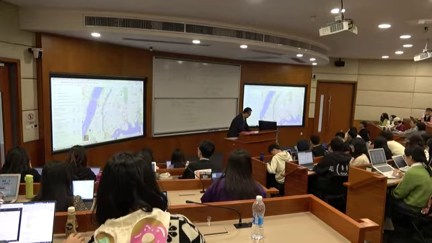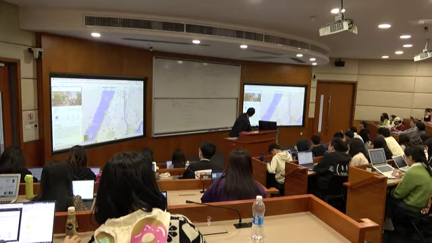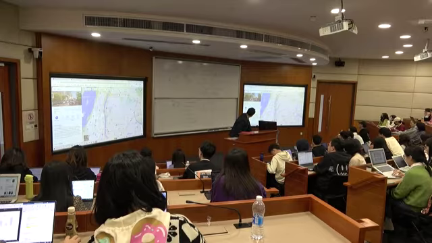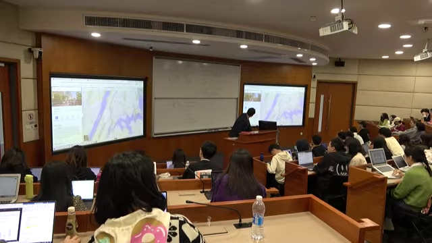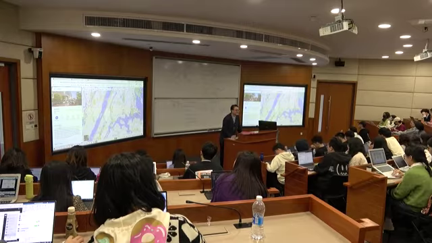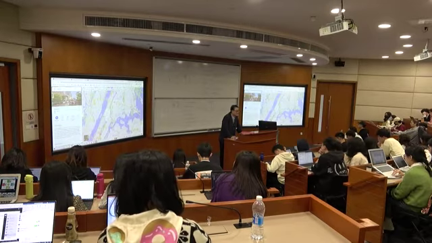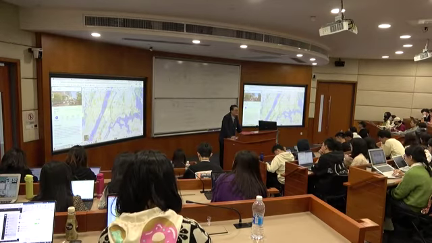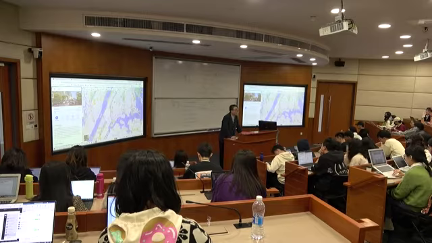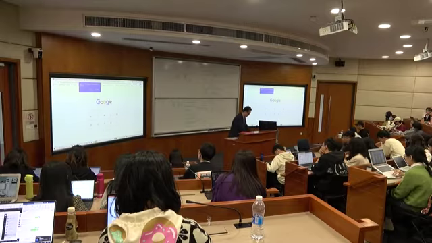Then there is Harlem. This is the Harlem area. In the 1980s and 1990s, Harlem was the worst place to stay because there were a lot of shootings, robberies, and black communities. In the daytime, nobody could go into Harlem. And you know the New York subway.